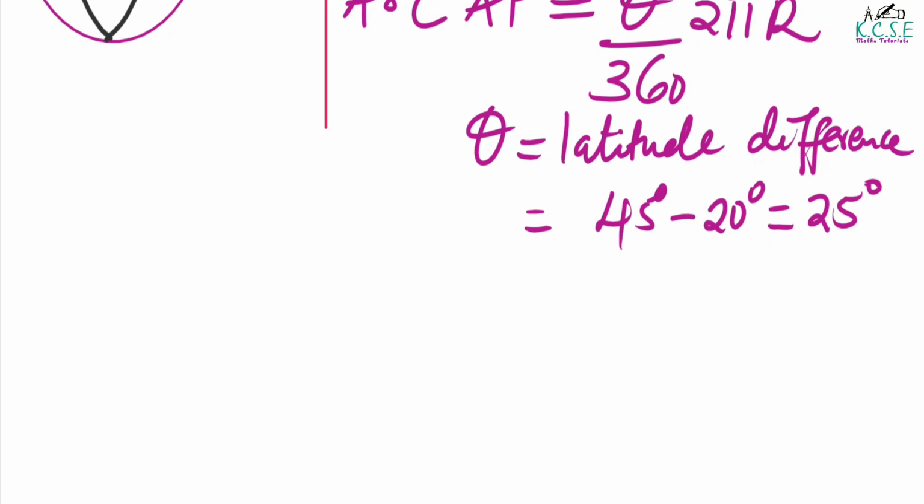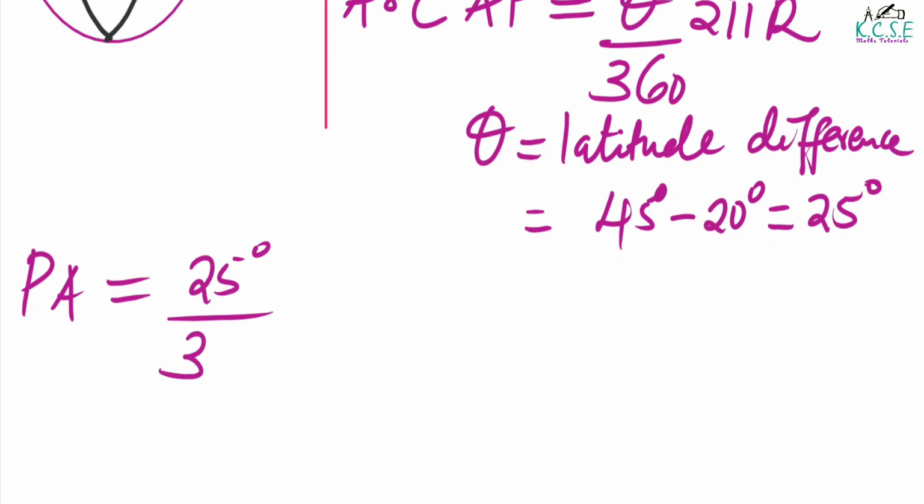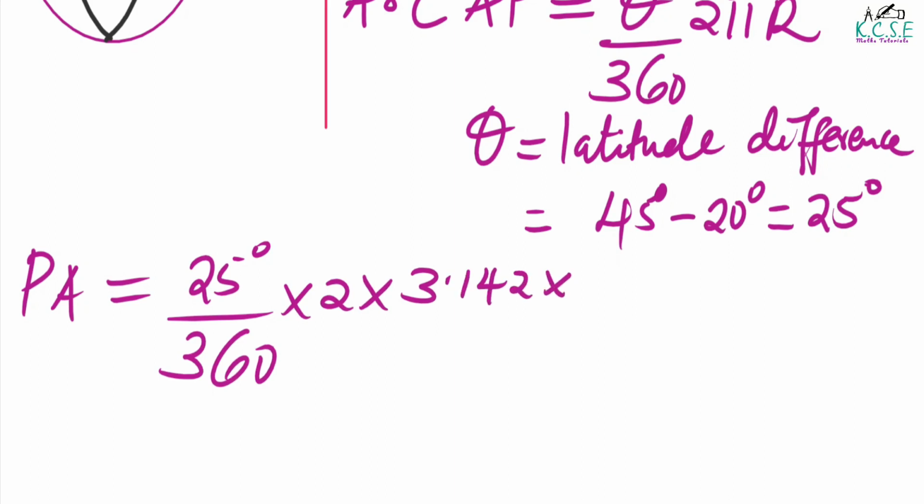So the distance PA is given by the latitude difference, 25 degrees, divided by 360, multiplied by 2 times pi, which is 3.142, times the radius of the earth, which is 6370.